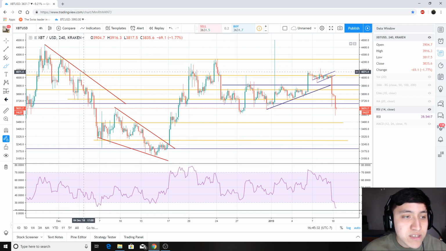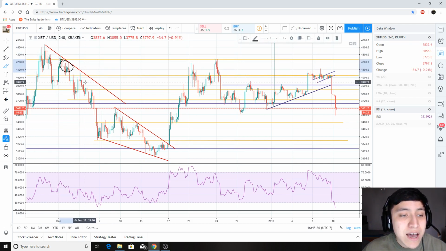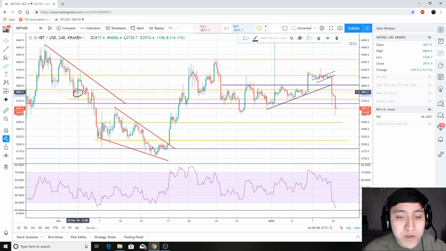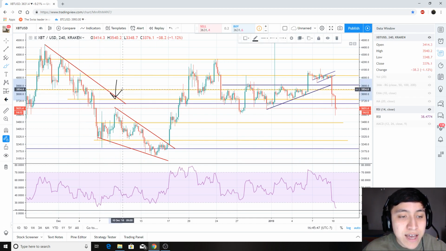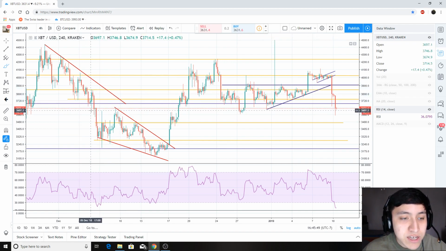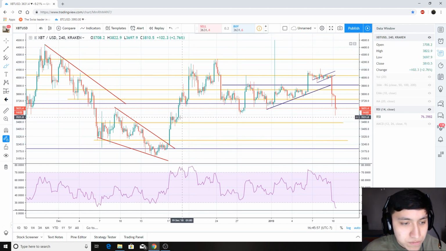We drew this descending triangle because we were starting to have lower high after lower high, with lower lows, correct? I drew it because I thought that we were going to have a drop. And as we see here, this shape came to fruition and we went in the downward direction and broke from this channel down to this one right here.